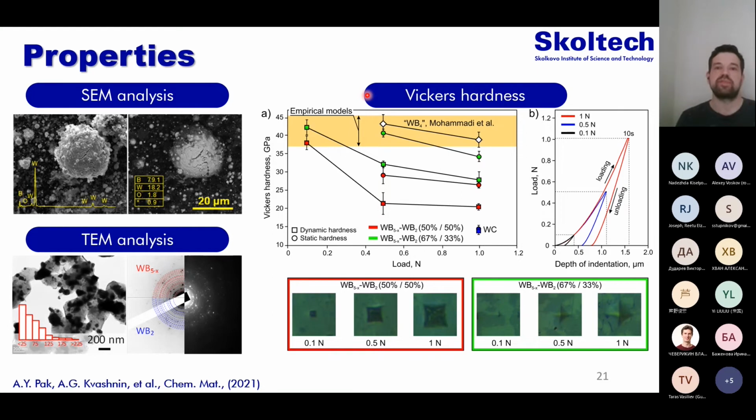But still this method is really expensive, and it's not obvious how to perform large-scale production of this material using SPS or other techniques which require high pressure or vacuum. Our method is cheap, effective, and we can produce the same quality material using our technique.